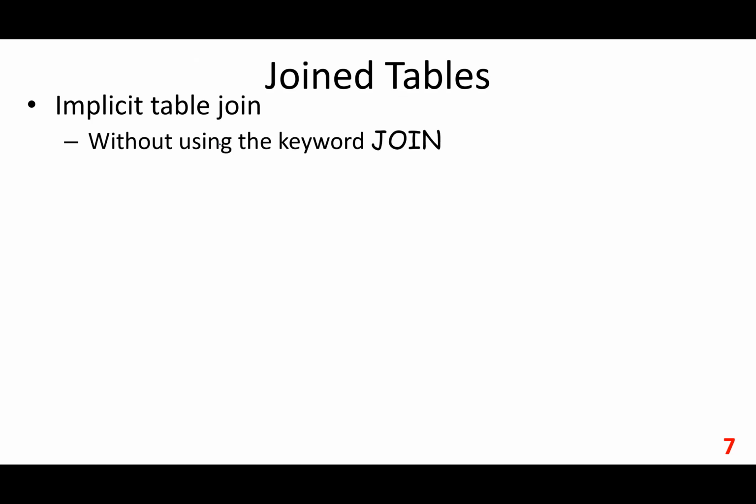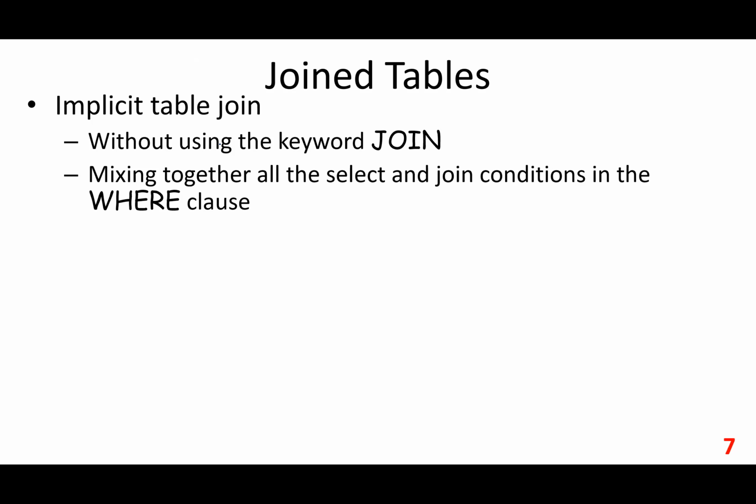Without the keyword JOIN, it's implicit, but it's still a table join, although we do not see it. All the select and join conditions are mixed together in the WHERE clause. We know the Cartesian product, right? We do not need the JOIN keyword for the Cartesian product.